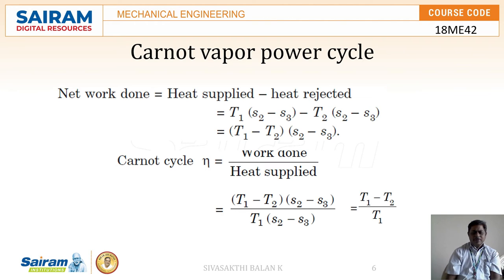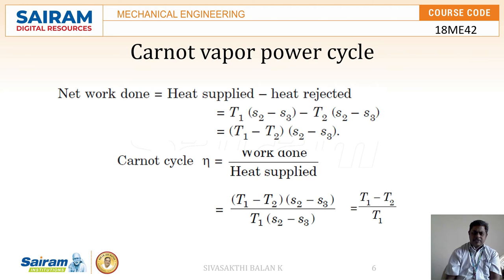We know that the efficiency of the Carnot cycle, or of any thermodynamic cycle, is nothing but output divided by input. Here the output is the work done by the Carnot vapor power cycle, and the input is the amount of heat supplied to the system. The net work done we can calculate by subtracting heat rejection from heat supplied.